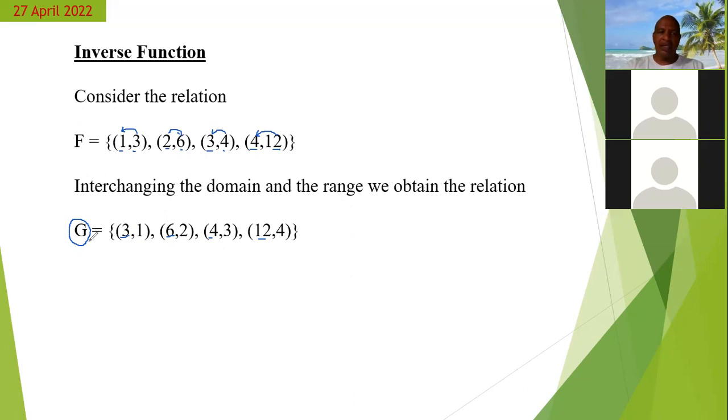But when we are writing the inverse function of f, we write it as f to the minus 1. So instead of using the letter g to denote the inverse, we would use f to the minus 1. Is that clear, guys? All right, with that said, moving on.